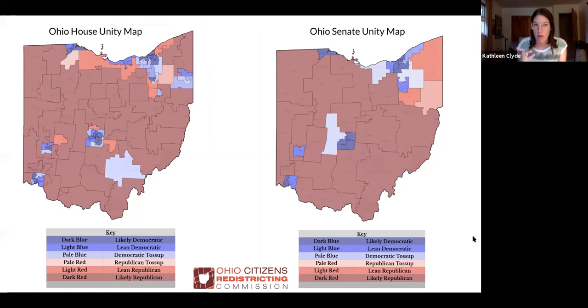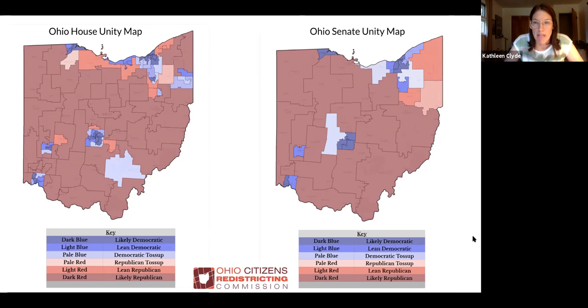And then we meet that representational fairness requirement by having 44 Democratic, 55 Republican in the House map. And then in the Senate map, it's 18 lean Republican, 15 lean Democratic. And you can kind of see the variations if you look at the key where the districts are closer to that 50% line. They're the lightest shaded districts. And then you can see the gradation in the shading on the partisanship.